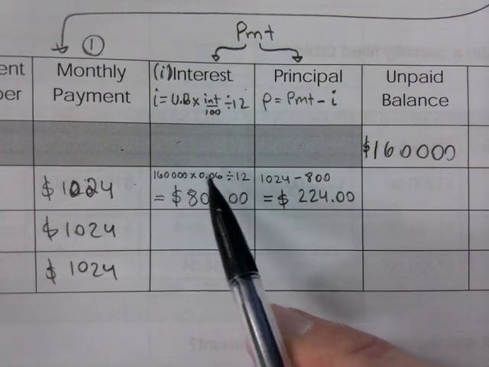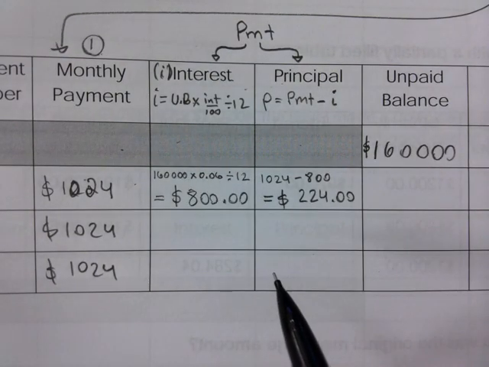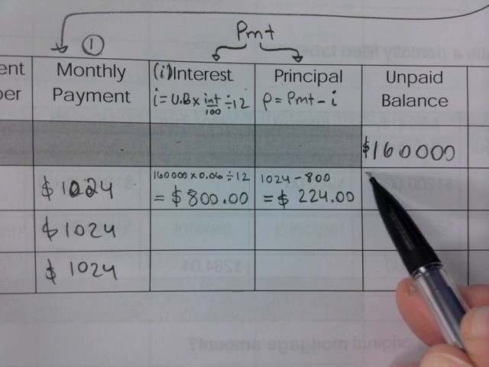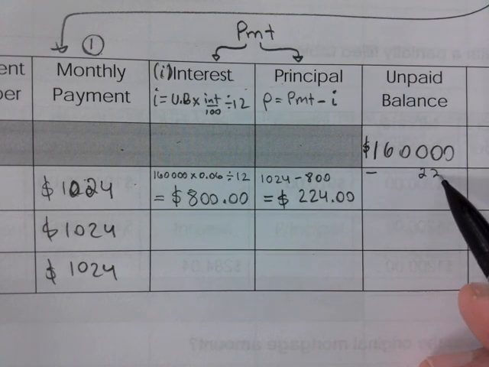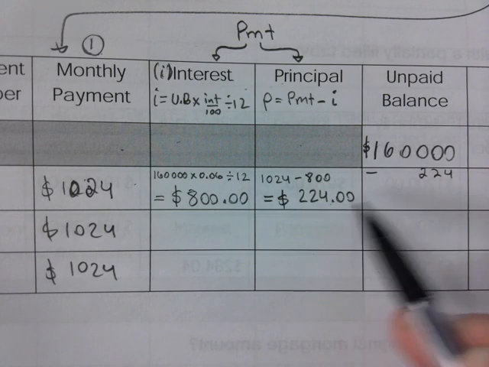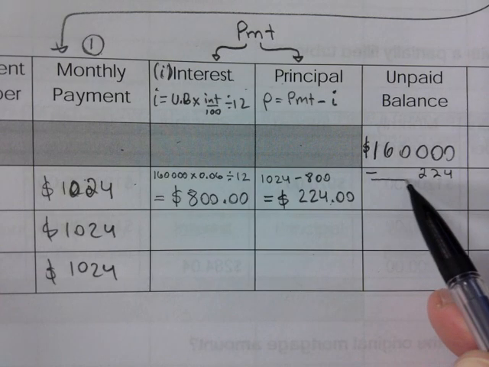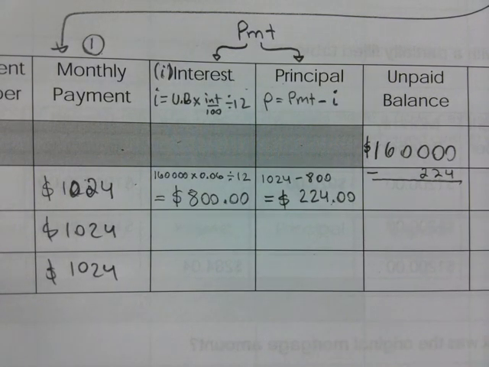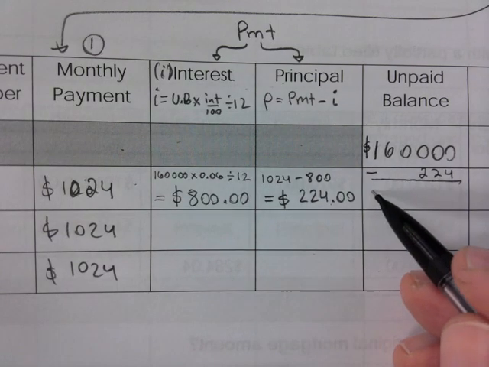You don't need to write this down. You just have to know how to get it. And then this, folks, takes away from the unpaid balance. The 224 goes here. So we go 160,000 minus 224. It's going to be a small dent.